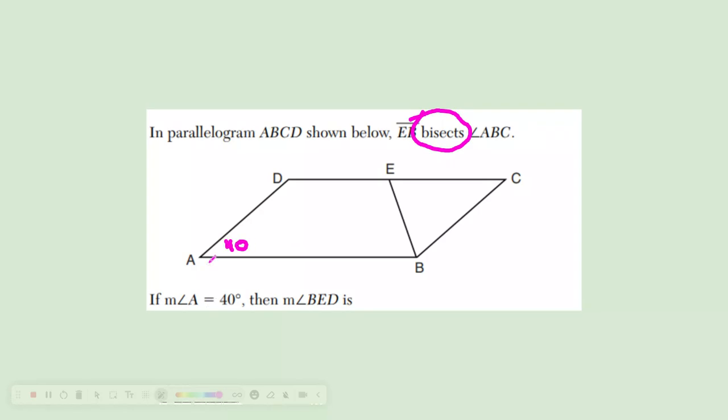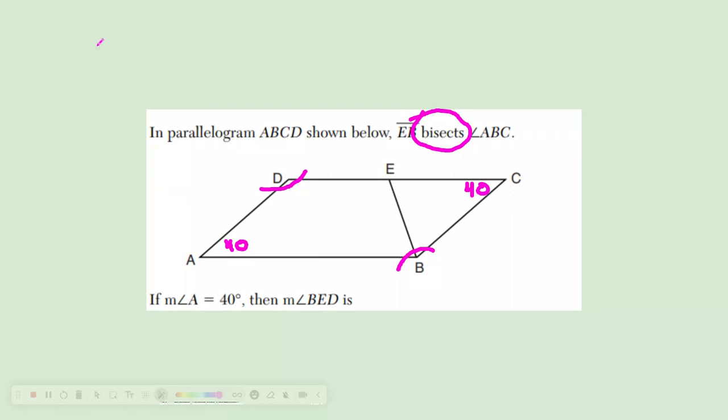So if A is 40 degrees, we know that C is too, because opposite angles in a parallelogram are congruent. And just like we did before, you should be able to figure out angle D and B. What do you think they are? Pause if you need to.